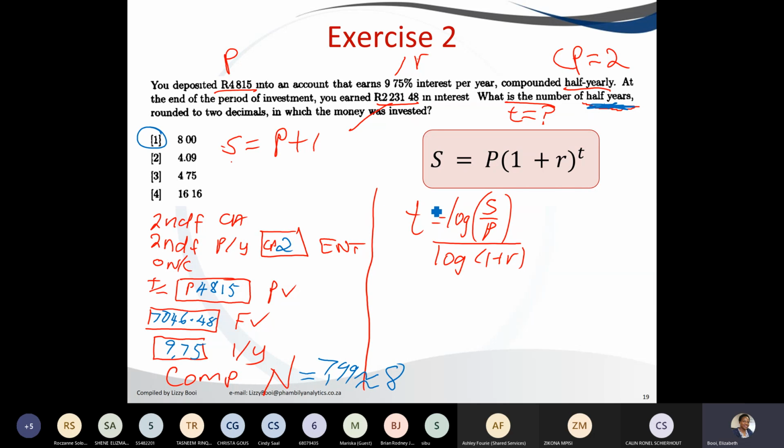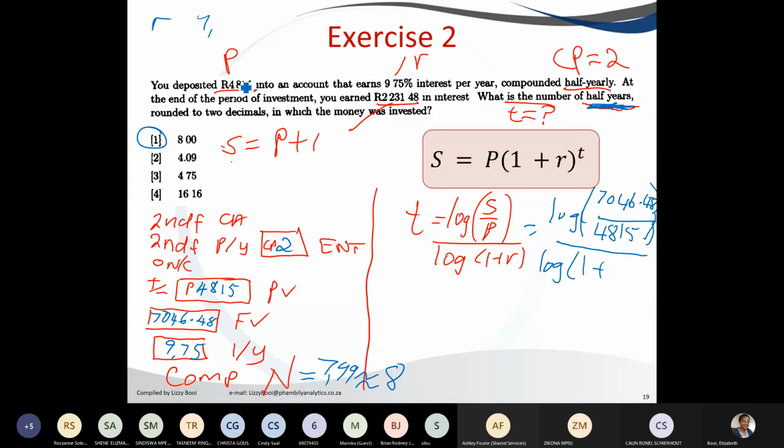Those who are calculating manually, you substitute the values and you will press the log. Our future value, which is 7046.48, divided by 4815, divide everything by the log of 1 plus our R. Now your R will be 9.75 divided by 100, which will be 0.0975.